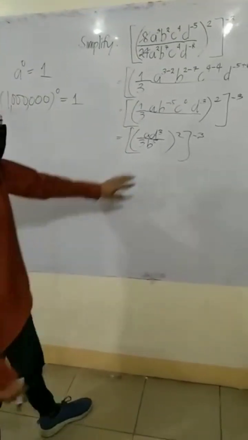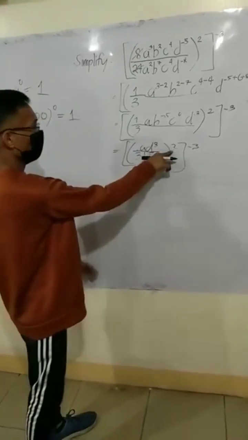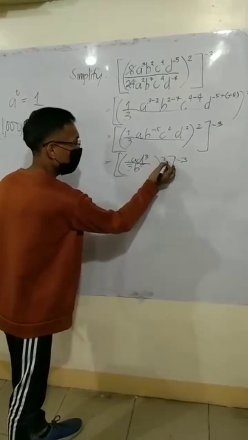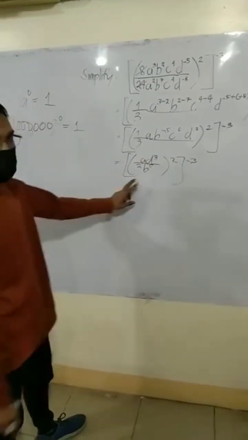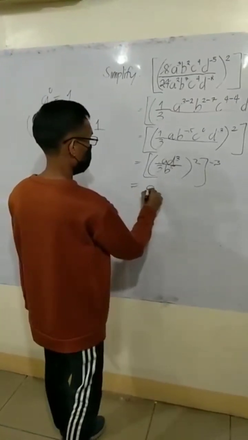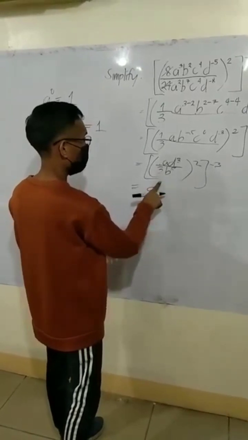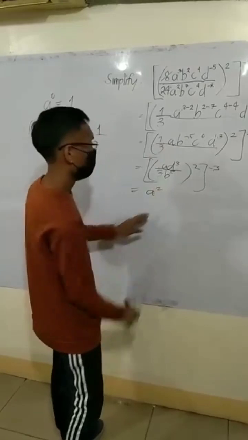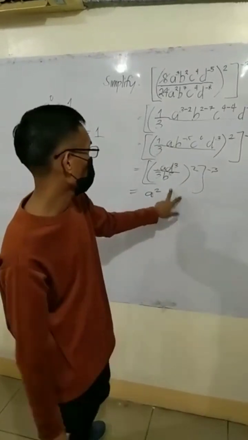And then the next thing that we need to do is to distribute this exponent to this rational expression. So this becomes a, the exponent of a is 1, right? So 1 times 2, that's 2. That is the power of a power rule.